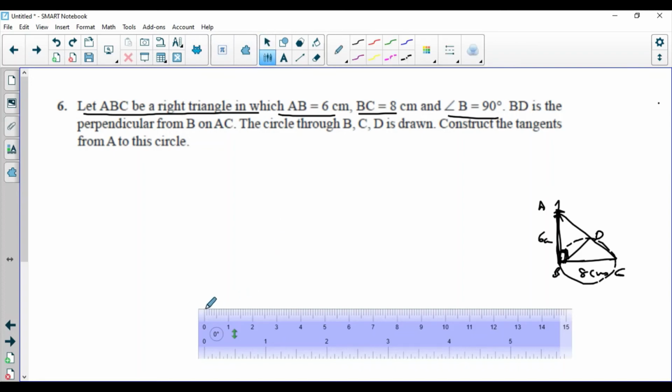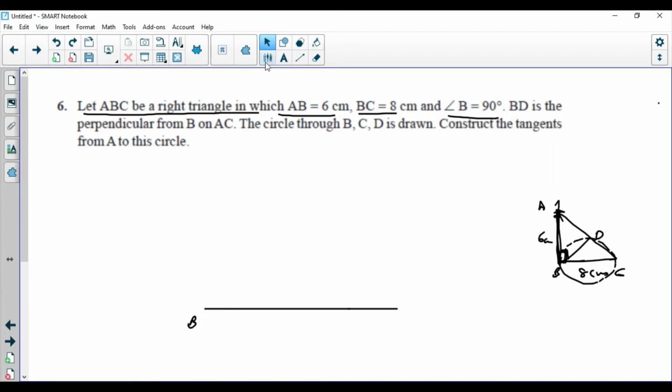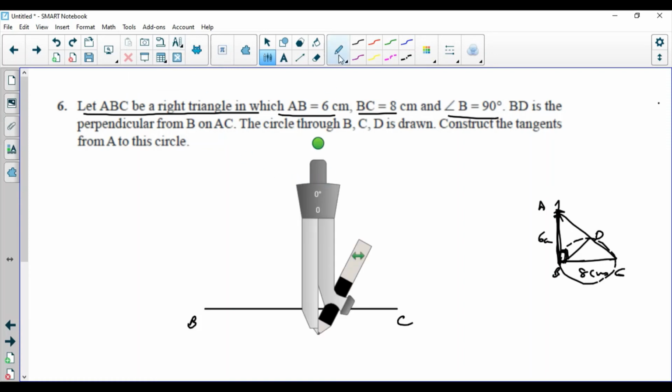Okay, this is BC. Then B angle should be 90 degree. So we'll draw one 90 degree angle.